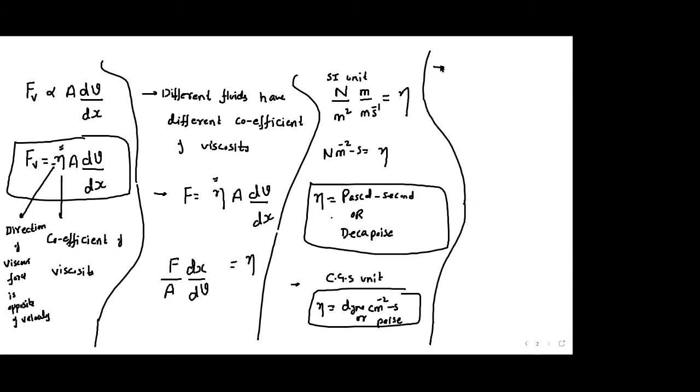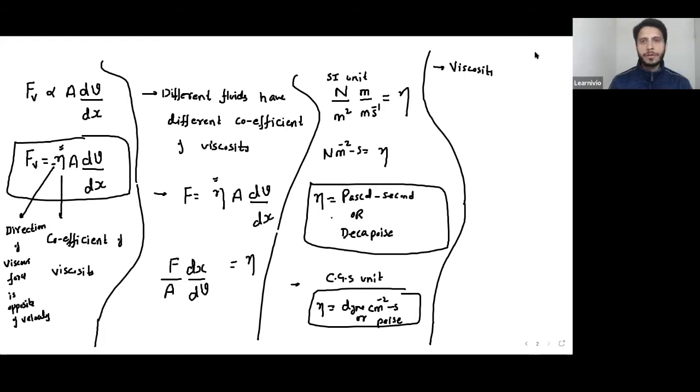Next are the factors on which viscosity depends. First, it depends on the nature of material. For different materials, the value of viscosity is different.